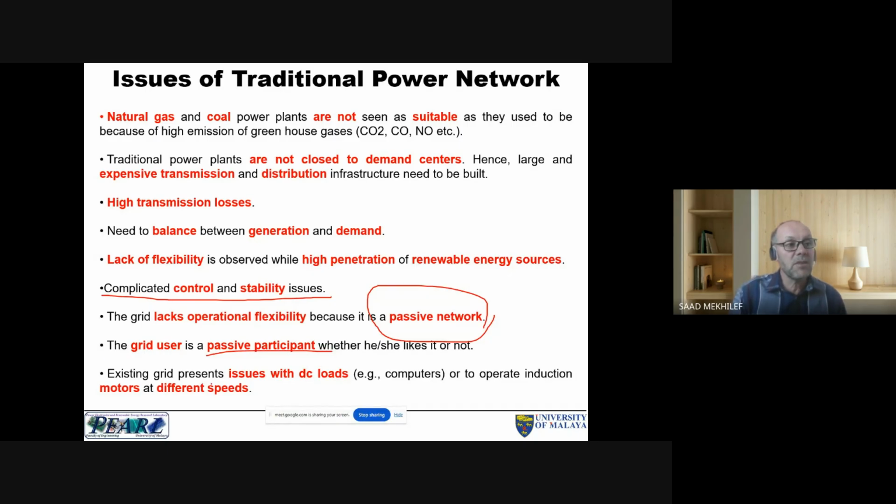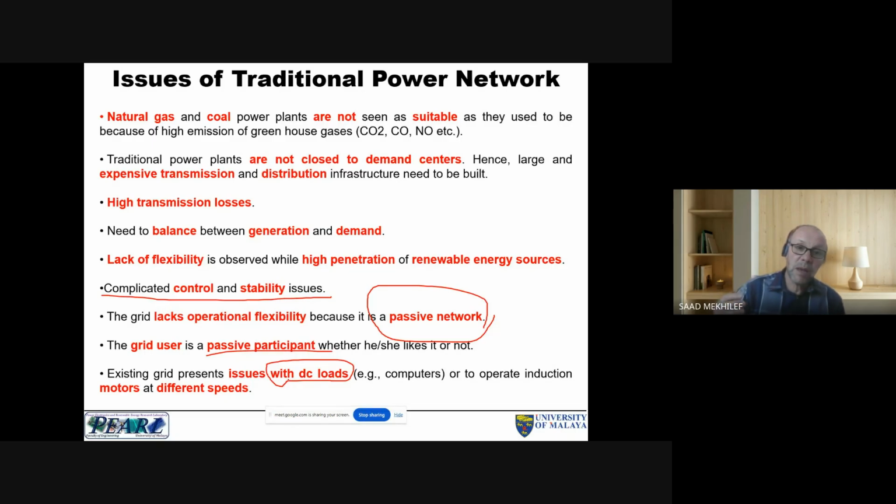The existing grid also presents an issue with DC loads. This is another issue. All this grid is AC in nature. DC loads, for example DC motors or DC computers, all the IT equipment is DC in nature anyway.